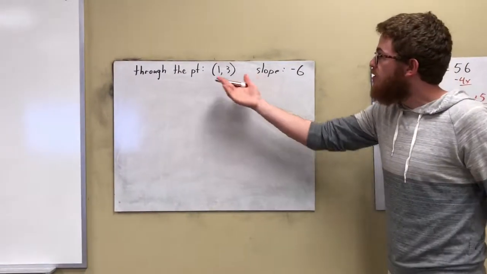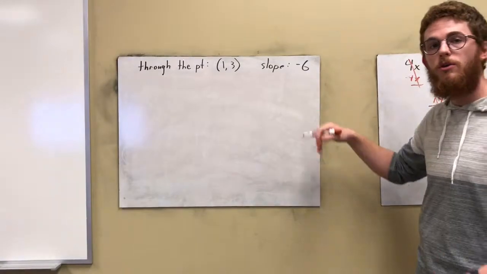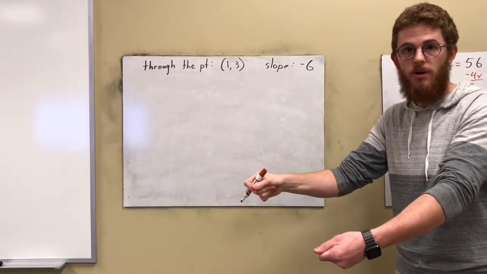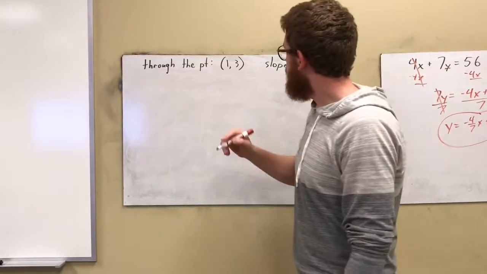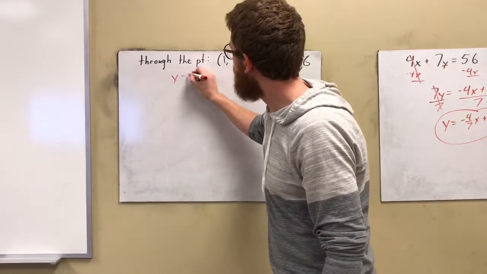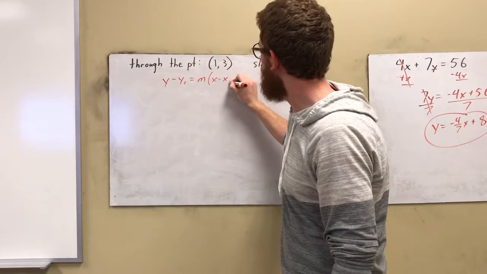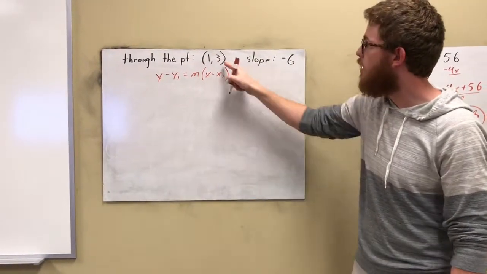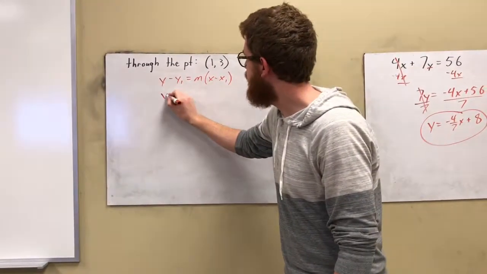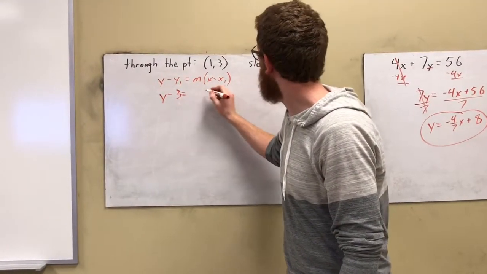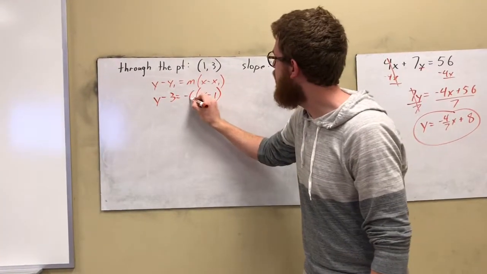We also could be given a point and the slope. If we're given a point and the slope, we're going to use our point-slope form and then solve it for y so it's in the correct format. So, remember your point-slope form, y minus y1 equals m times x minus x1. We're going to plug in our point for x1, y1, and our slope is negative 6.